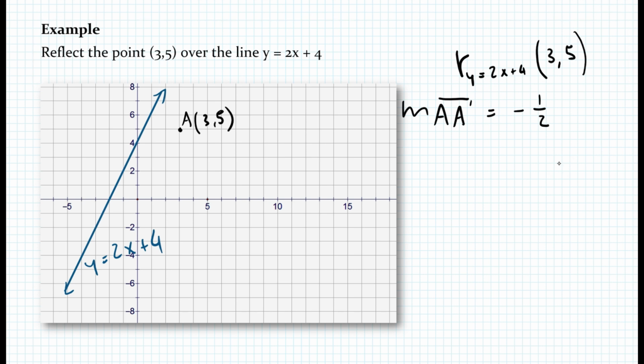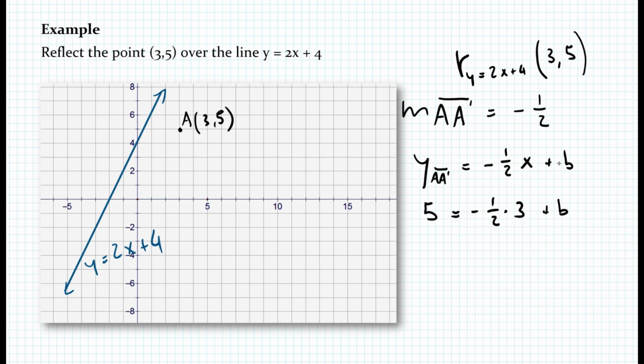Well, we can say that the line, let me call it y sub A prime, the equation defined by segment A prime is equal to negative 1/2 x plus b. So how do we find the b value? Well, we just substitute these points into the equation. Here we have 5 is equal to negative 1/2 times 3 plus b, okay?